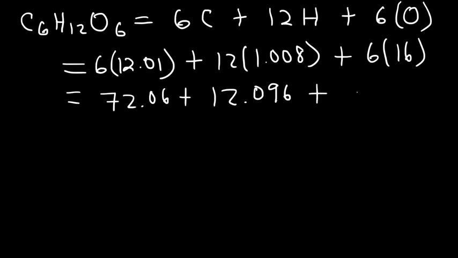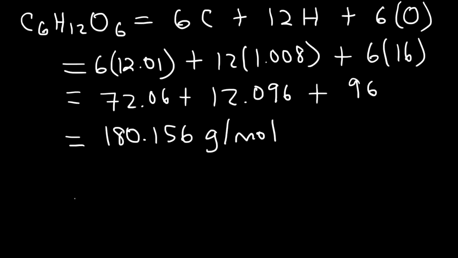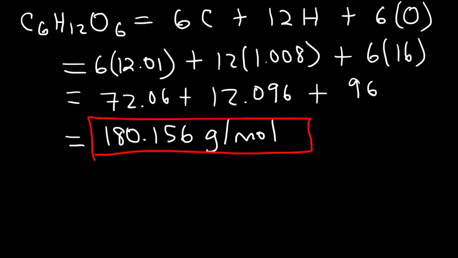And 6 times 16 is also 96. So now all we need to do is simply add these numbers together. The answer that I have is 180.156 grams per mole. So that's the molar mass of glucose, a typical monosaccharide.